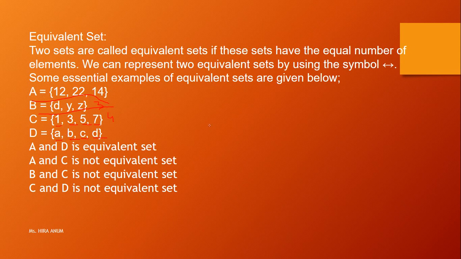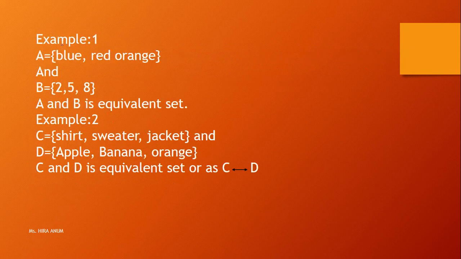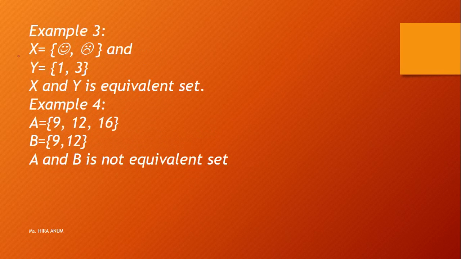If your number of elements is the same, then it is called an equivalent set. For example, A is blue, red, green, and B is 2, 5, 8, then this is an equivalent set. C equals shirt, sweater, jacket, and D is apple, banana, orange. Then C and D are equivalent sets.